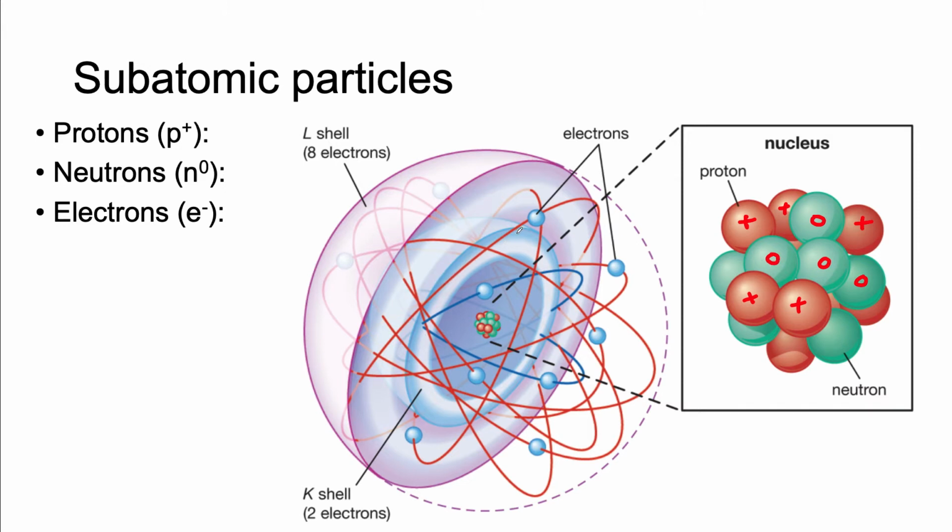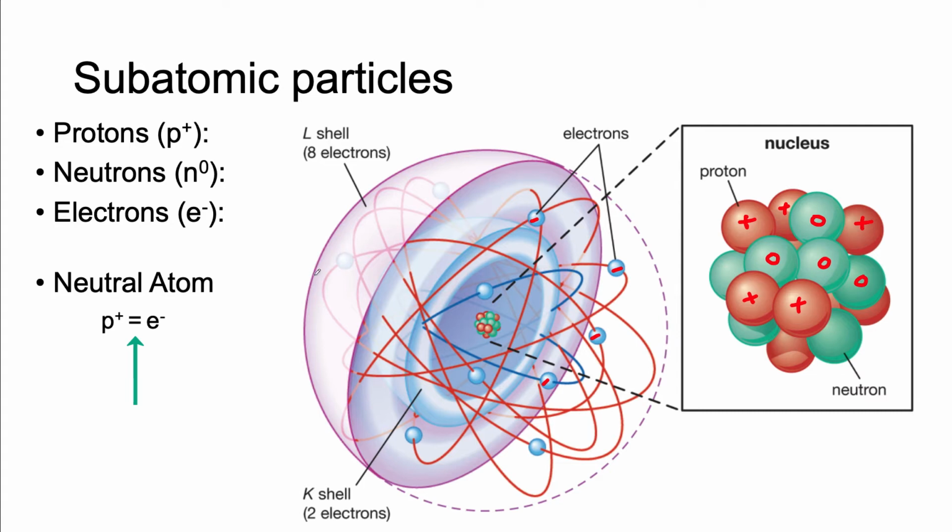Electrons are shown outside here in the little blue balls. These have a negative charge to them. In a neutral atom, the number of protons, or positive charges, equals the number of negative charges.